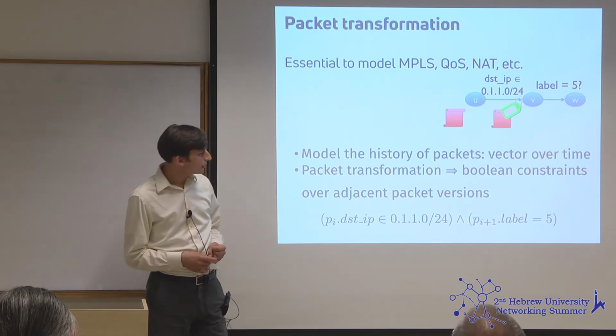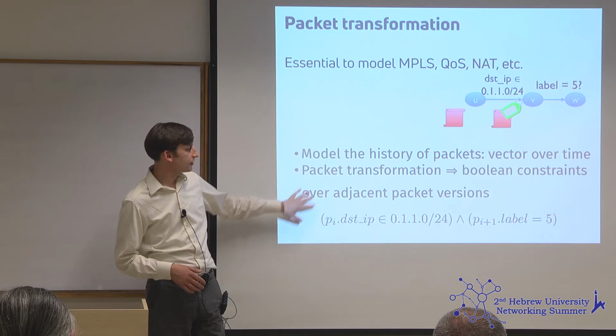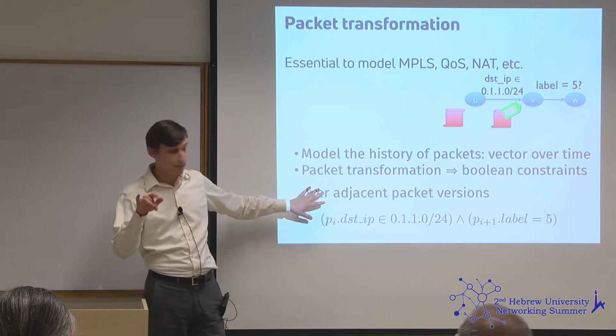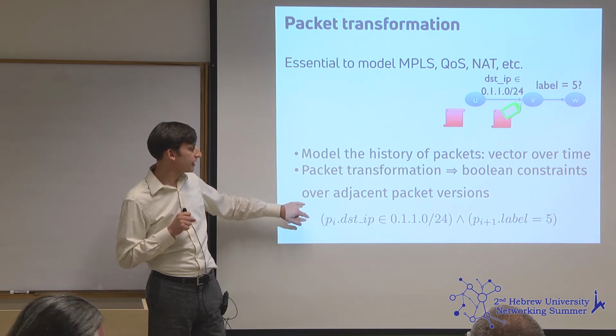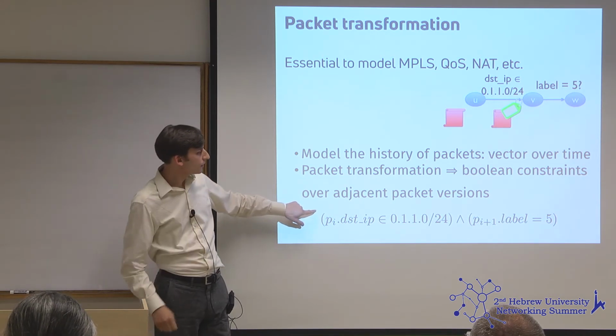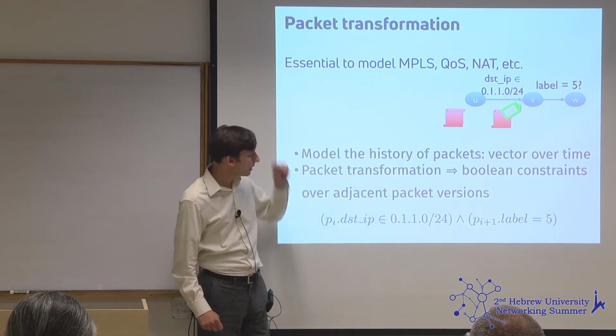So this is one of the constraints. This isn't a complete description, but it's one of the constraints saying that if this is in there, then such packets are going to be allowed through.